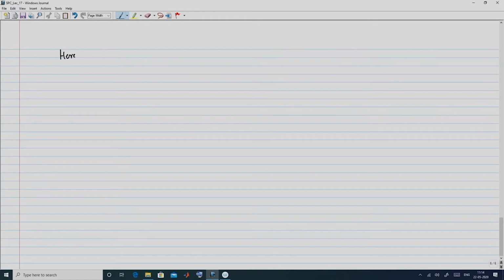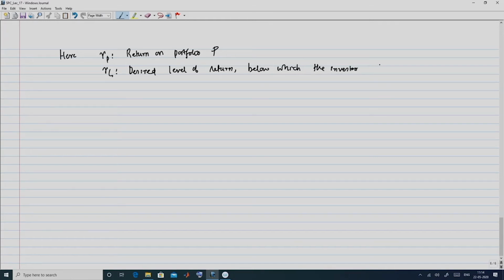So, here we have introduced certain notations. The first one is RP. This is nothing but the return on portfolio P. Your RL, which was your target return, this is your desired level of return below which the investor does not wish to fall.